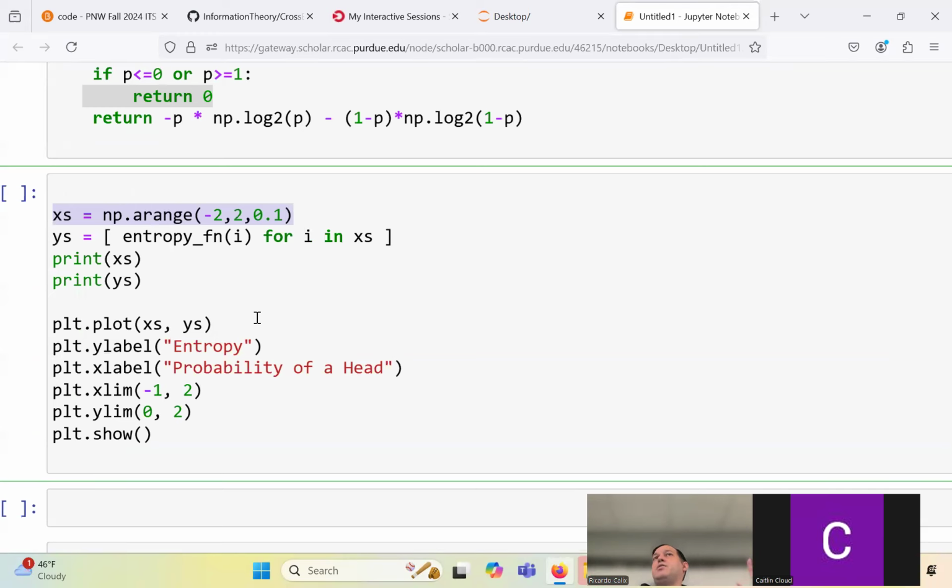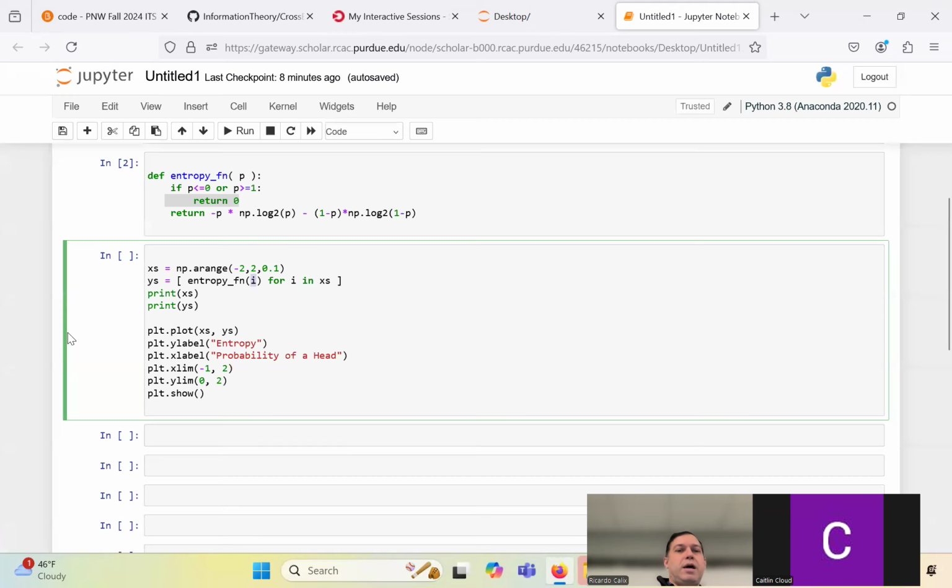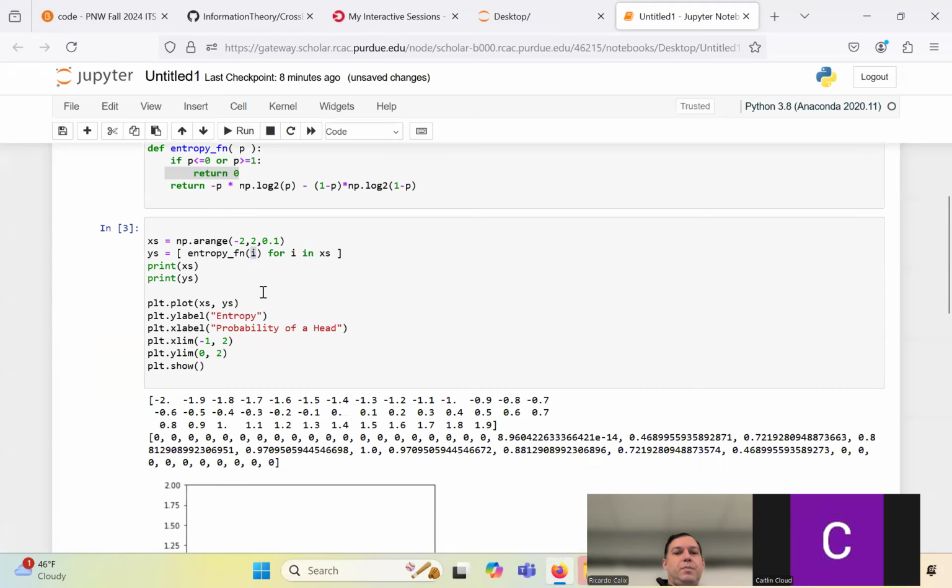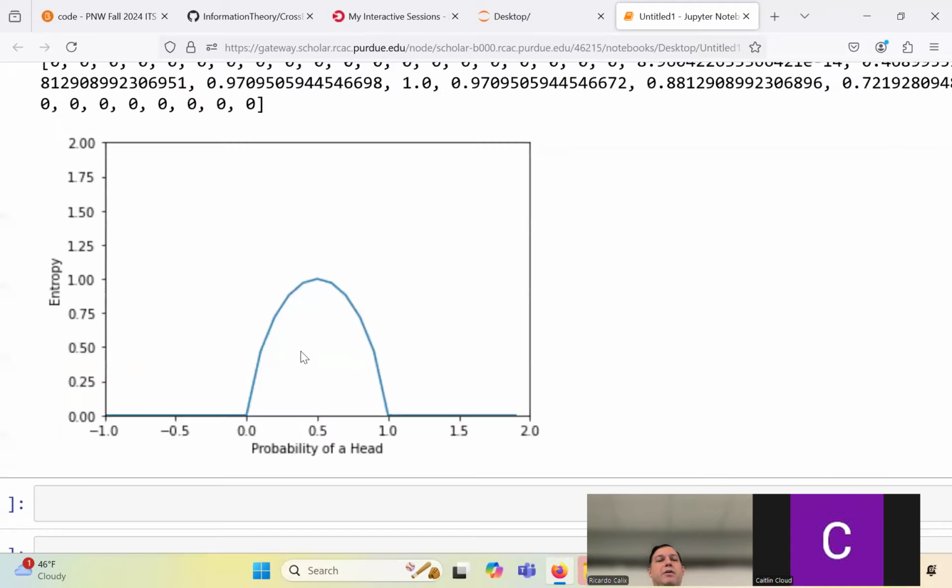Those are the values I want to plot on the x-axis. I'm going to run every one of those values through the function to determine the entropy, and it's going to give us our classic entropy function. All I'm doing is iterating through the values in XS, plugging them in because they are probabilities, and getting the equivalent entropy. Let's go ahead and do that, and there's my function.